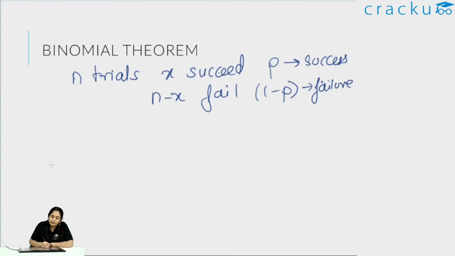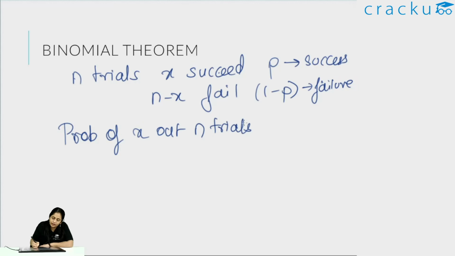Then what is the probability that exactly x out of n trials will succeed? So the probability of x out of n trials succeeding, according to the binomial theorem, is given by nCx, that is out of n you select x, nCx p raised to x into 1 minus p raised to n minus x.